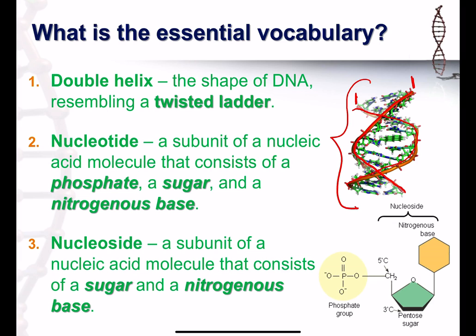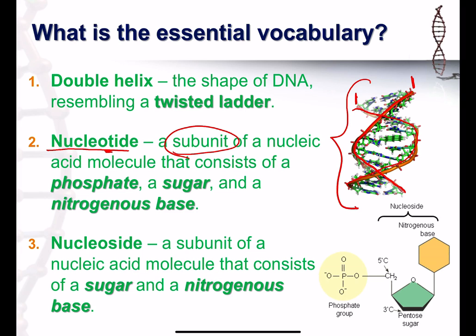The second word that you should know is nucleotide. I want you to make sure that you remember that nucleotide has a T, and we're going to see why that's important in a second. So a nucleotide is a subunit of a nucleic acid molecule that consists of a phosphate, a sugar, and a nitrogenous base, okay? So keyword right here is subunit.